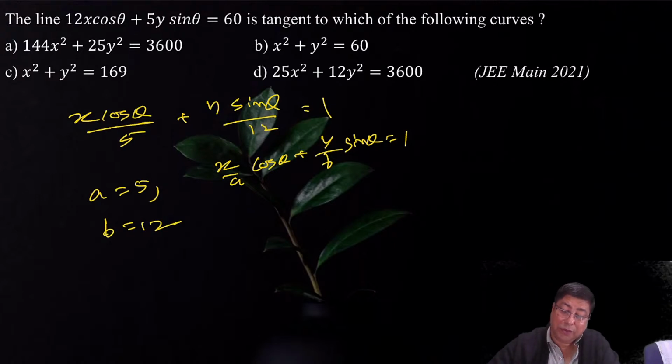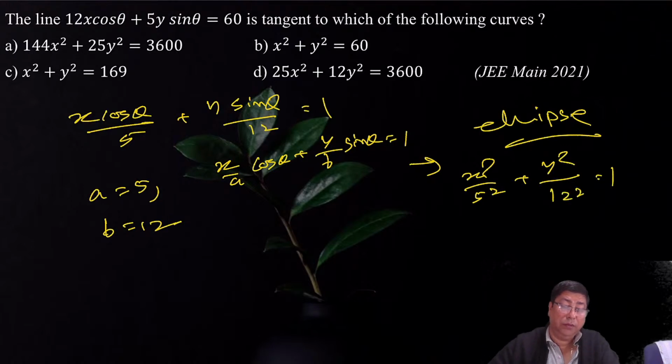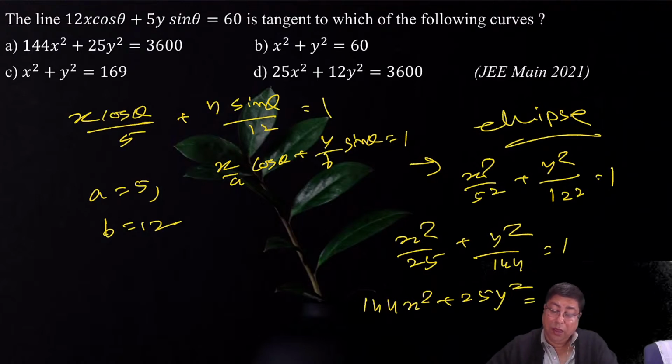Therefore, the equation of the ellipse is x square by 5 square plus y square by 12 square equal to 1. So x square by 25 plus y square by 144 equal to 1. In straight form, it is 144 x square plus 25 y square equal to what? 3600.